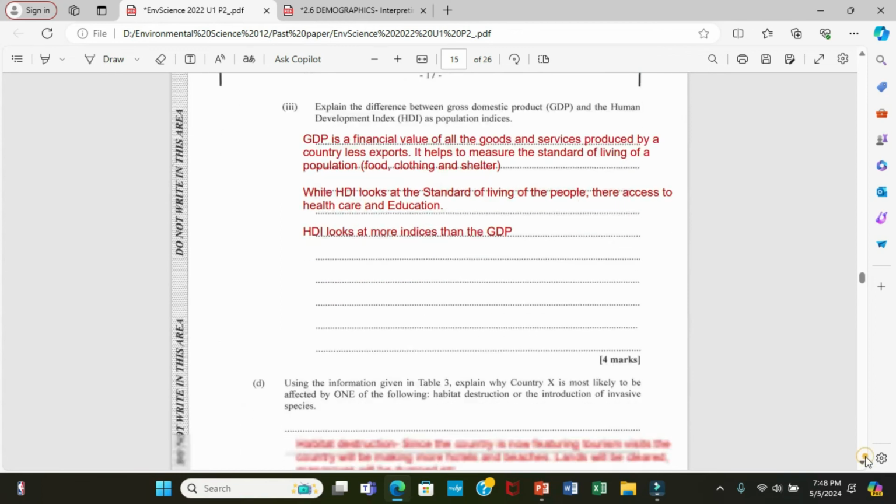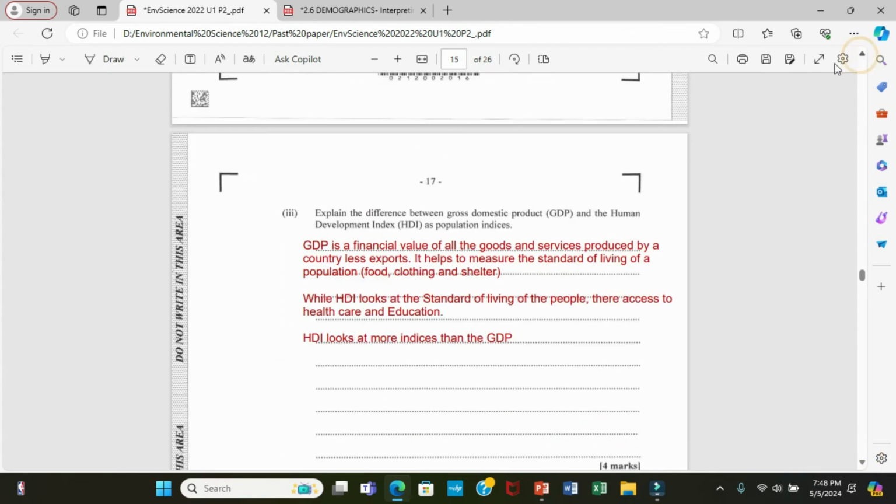All right. Here it says, explain the difference between gross domestic product and the Human Development Index as population indices. All right. Let me read. The GDP is a financial value of all the goods and services produced by a country, less exports. It helps to measure the standard of living of the population, meaning the amount of food, clothing, and shelter per person.